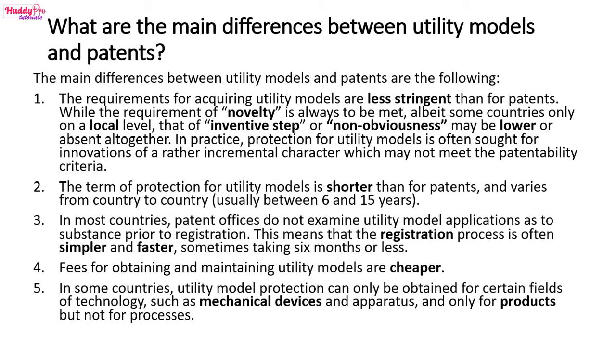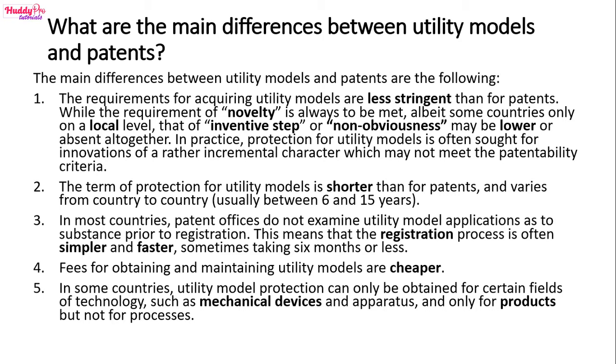So in most countries, the patent offices do not examine the applications as a requirement for registration. So the registration process is often simpler and fast. Number 4, the fees for obtaining and maintaining utility models are cheaper.